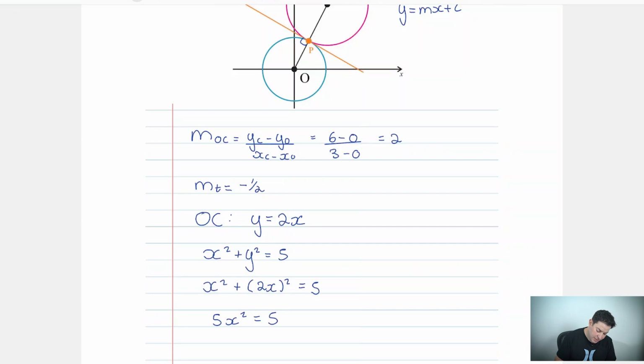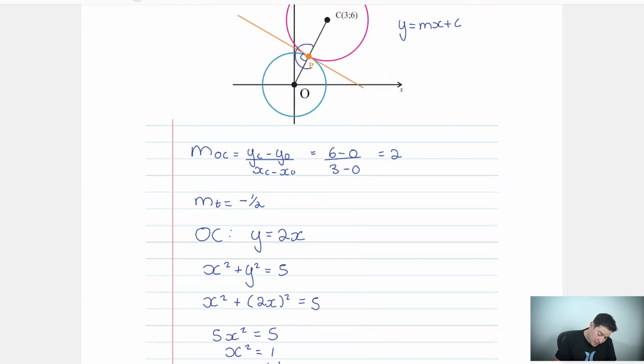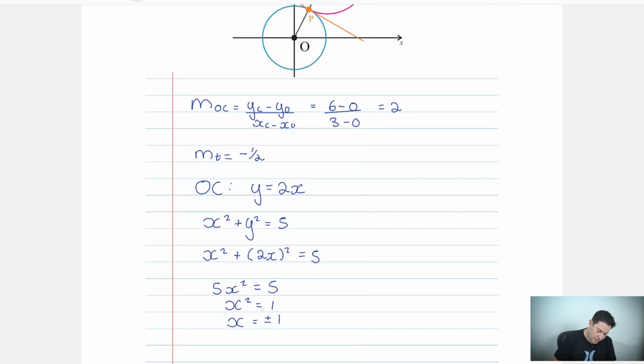And that equals 5. So therefore, x squared equals 1, and x is equal to plus or minus 1. But we can see that P is on the positive x side. So therefore, x is just equal to positive 1. x equals minus 1 is not applicable.